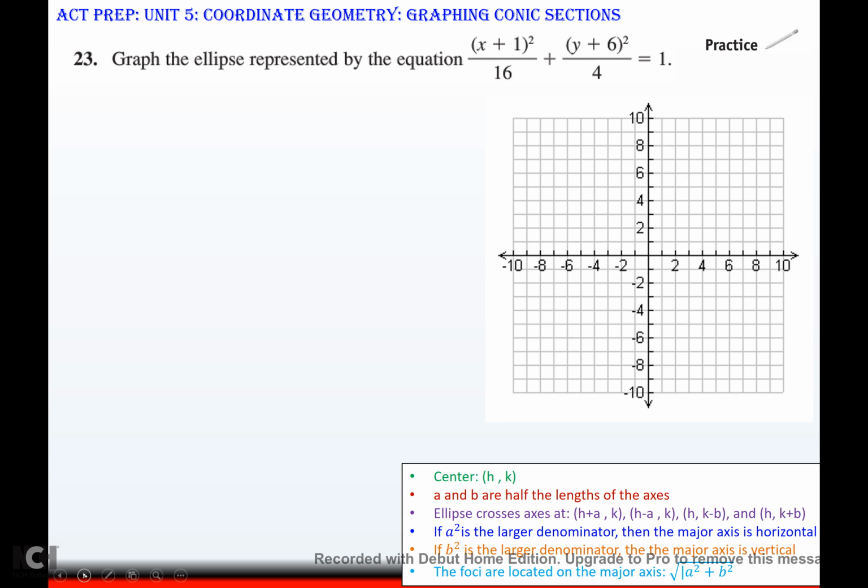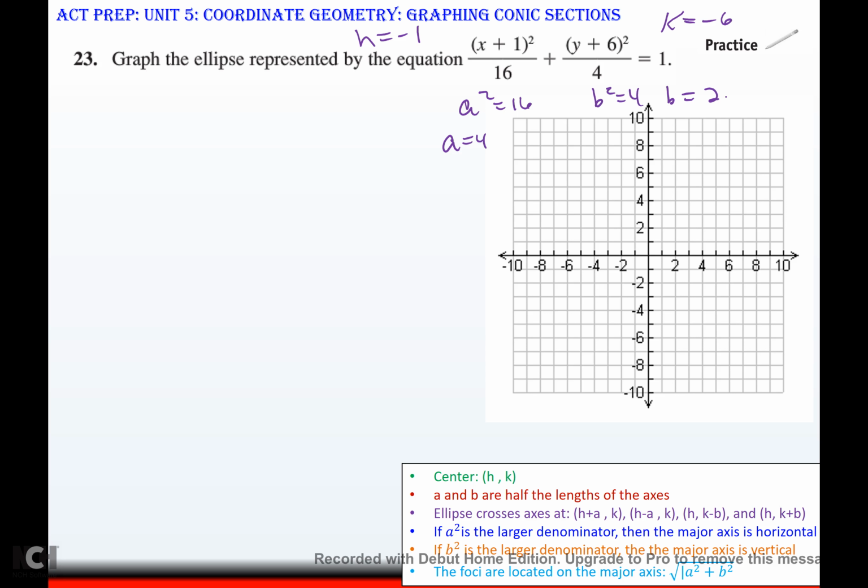Okay, graph the ellipse represented by this equation. Again, I'm going to do this a little short way now. I know that h is negative 1. I know that k is negative 6. I know that a squared is 16, which means a is 4. I know b squared is 4, which means b is 2.